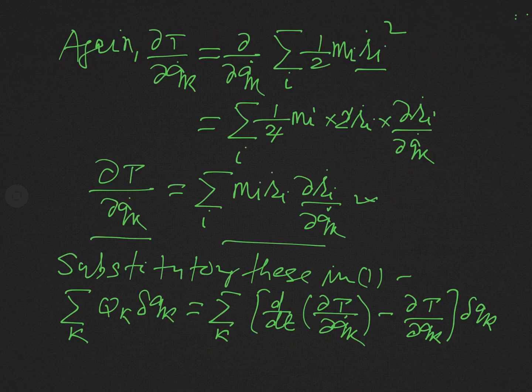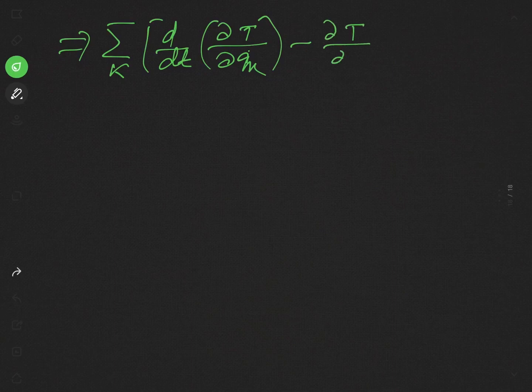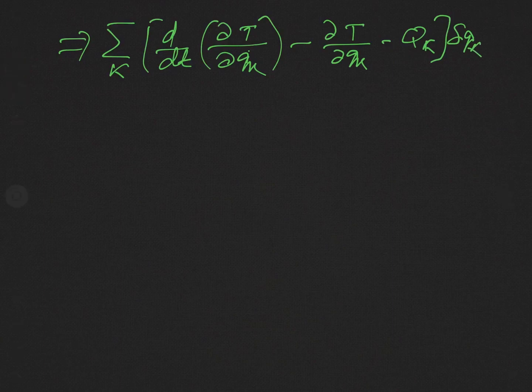We will simply rearrange the terms, and after rearrangement our equation will be: this implies summation over k, d dt of del T by del Qk dot, minus del T by del Qk, minus capital Qk, you know this is the kth component of generalized force, delta qk, and this will be equal to 0. Say this is equation number 2.